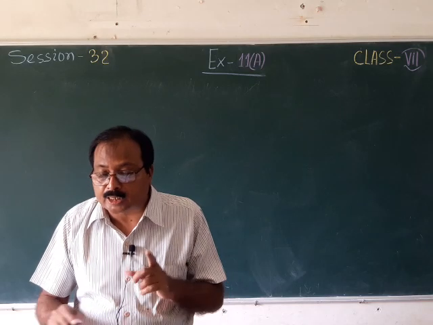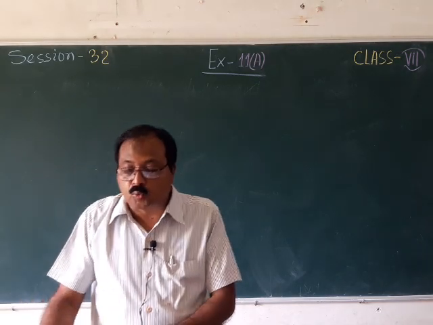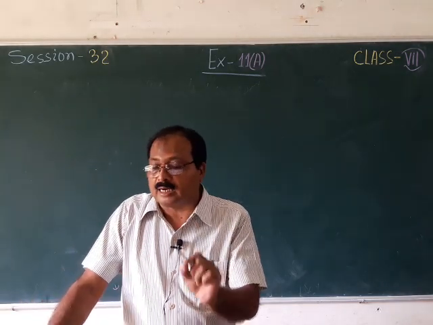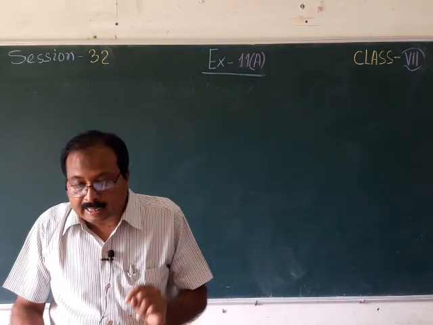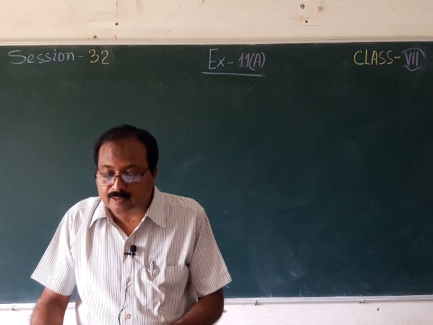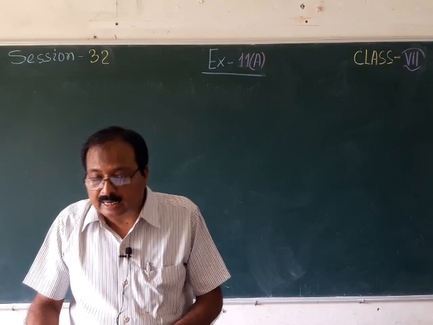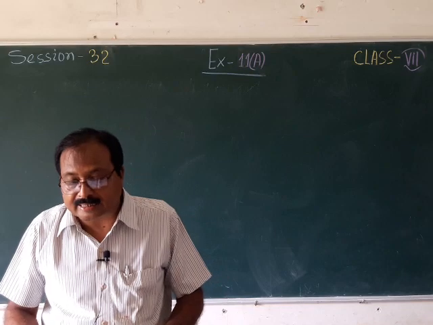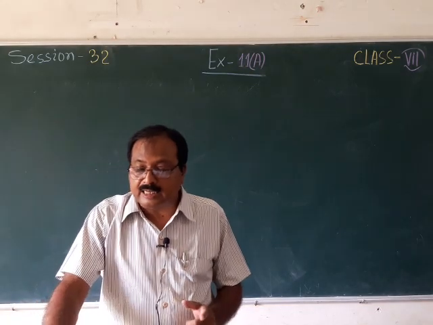A line segment is the shortest distance between 2 points on a plane. It should be underlined. A ray is obtained when a line segment is extended in one direction endlessly. The length of a ray cannot be measured as it goes on endlessly in one direction.